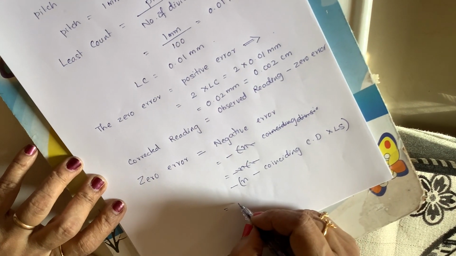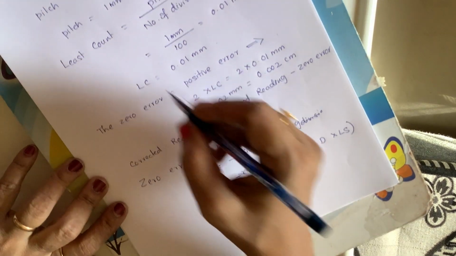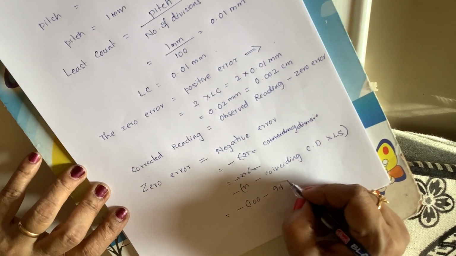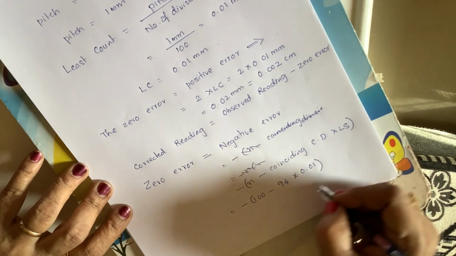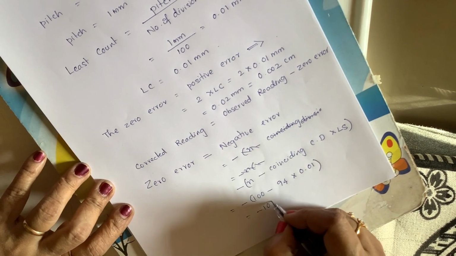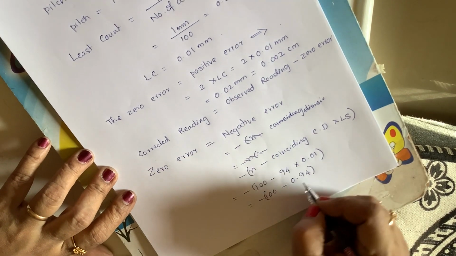That means total number of divisions are 100. Coinciding one is 94 in this case. Into least count 0.01 mm. Okay, so that will become minus 100 minus 0.94.